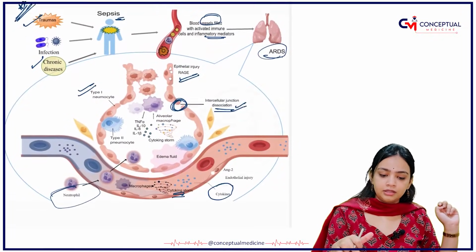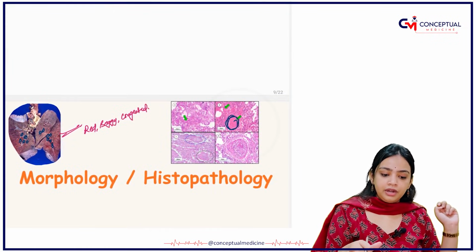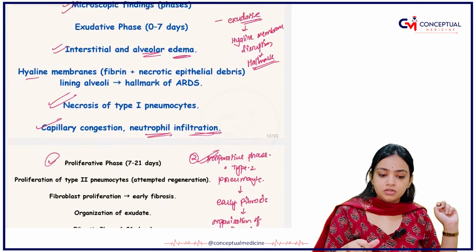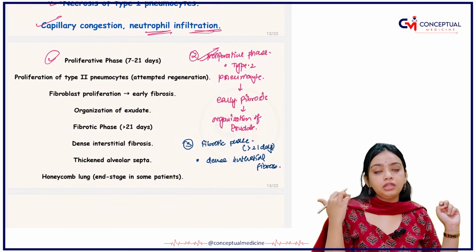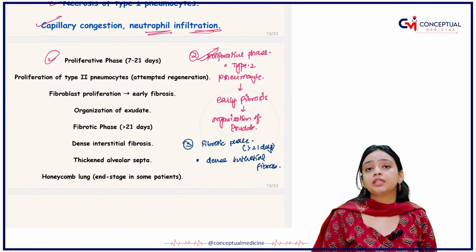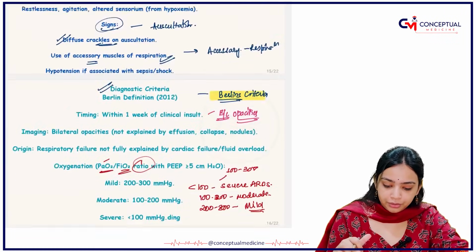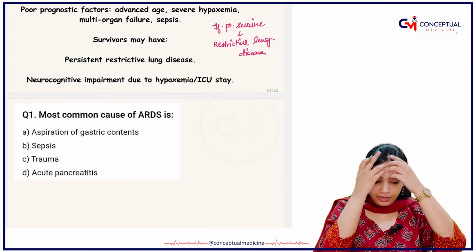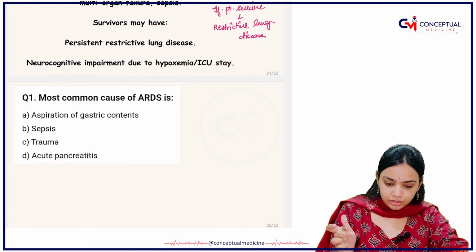Then we have seen the gross appearance and the pathological appearance. Investigations: ABG, in which you will see respiratory alkalosis. Then you have the HRCT and CT that you will order. The criteria that you use is Berlin's criteria. Great. Now we will be solving this question.